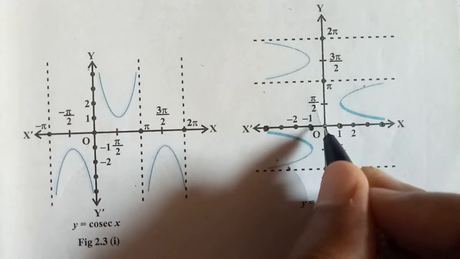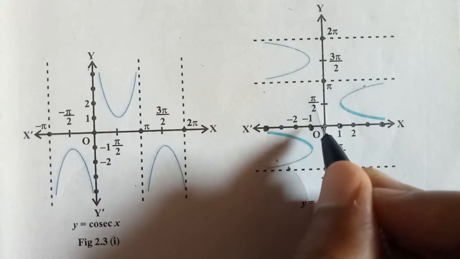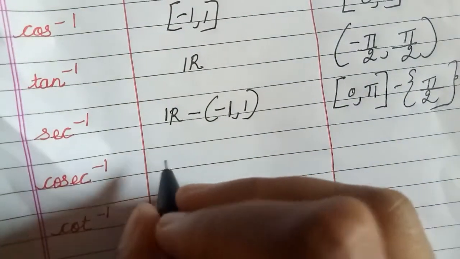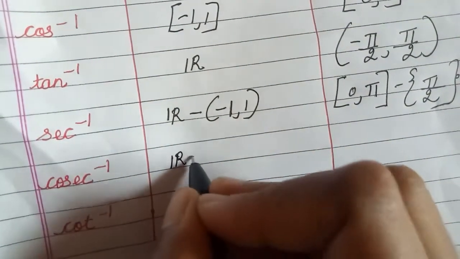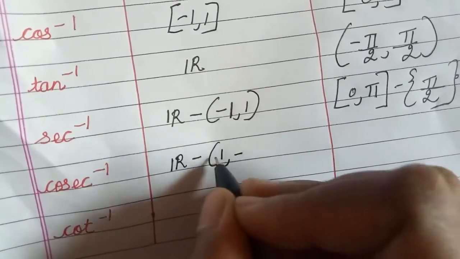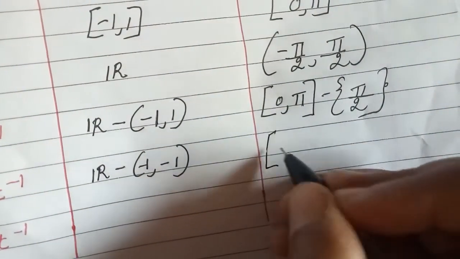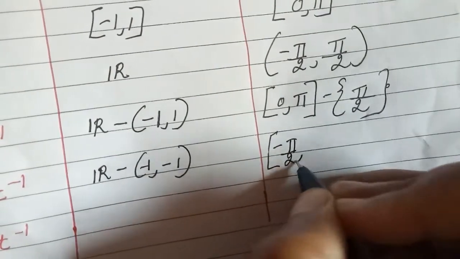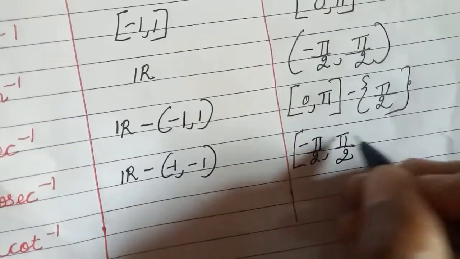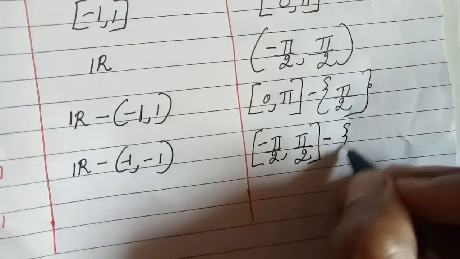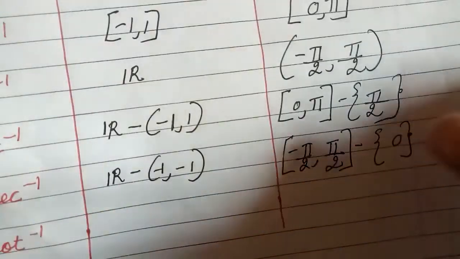It will not exist, because we have excluded n pi from cosec. Understood? So I define it as R minus the open interval minus 1 to 1. Why open interval? Because minus 1 is not there. The range is minus pi by 2 to pi by 2, from which you remove 0 because 0 is not there.